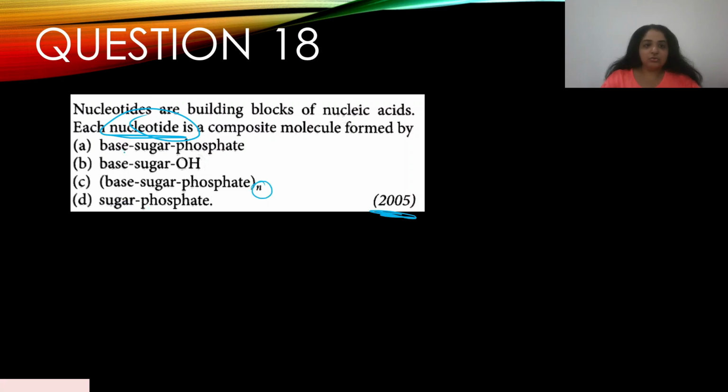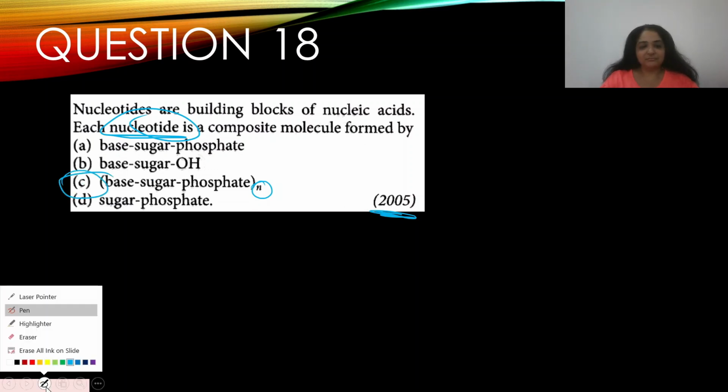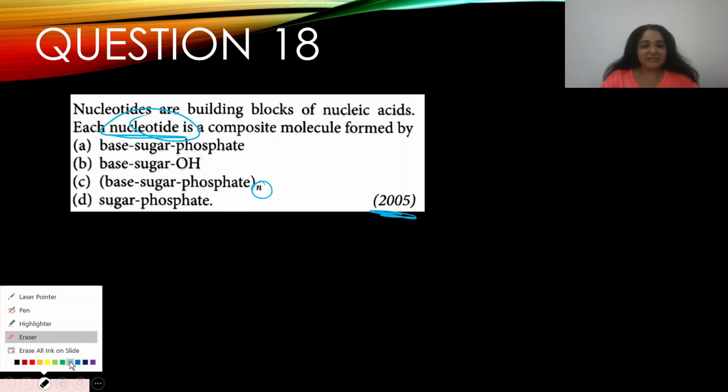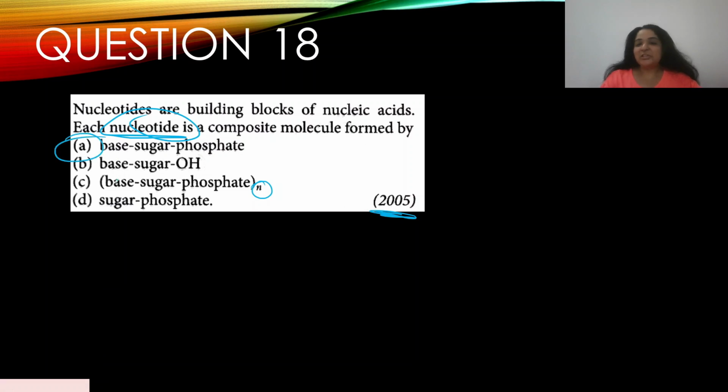The answer is A, base sugar phosphate. Now what is the difference between A and C? There's an n, meaning a number of units, but C actually forms nucleic acids. And A, base sugar phosphate, one unit, forms a nucleotide. This is a nucleotide.